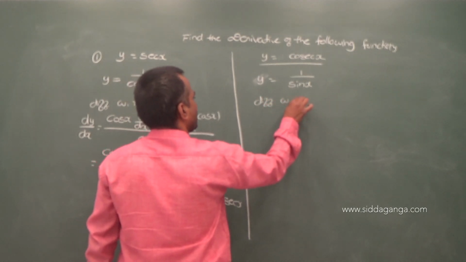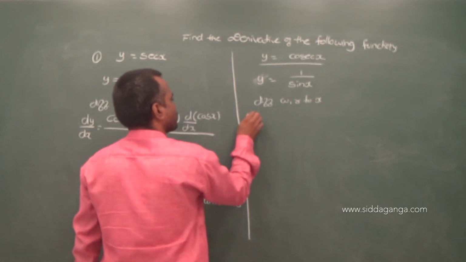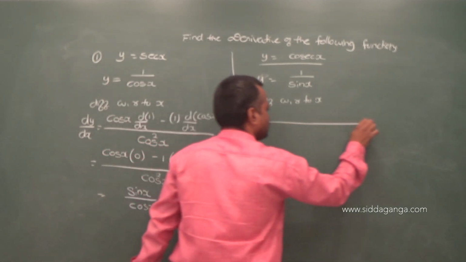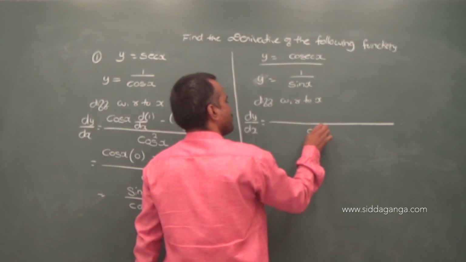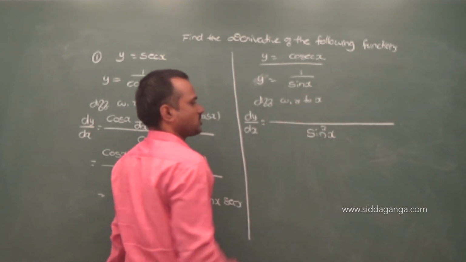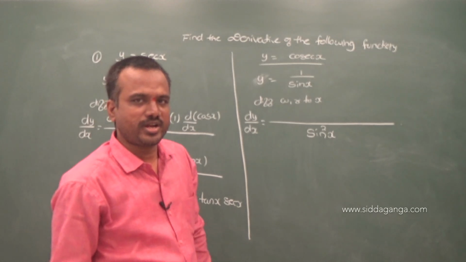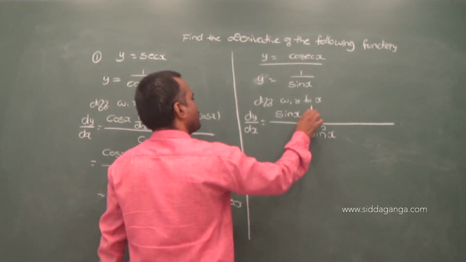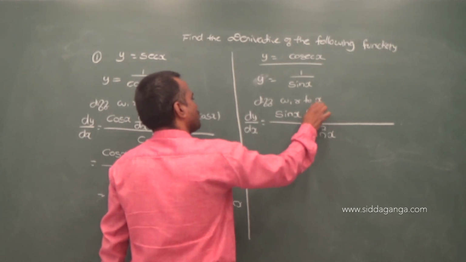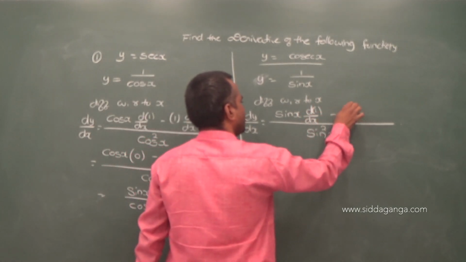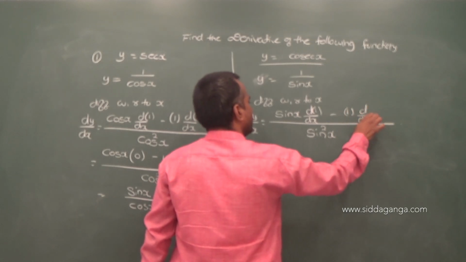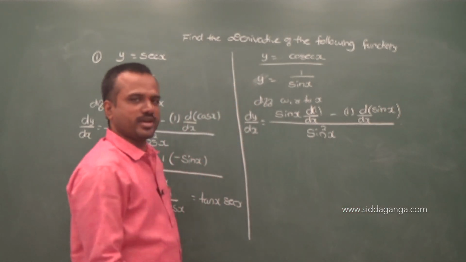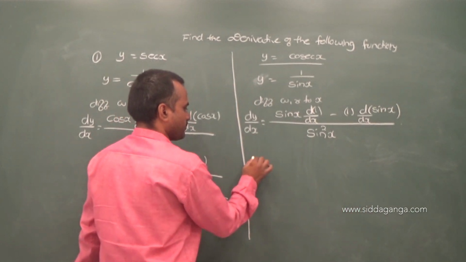Differentiate with respect to x. dy by dx is, denominator square, sin square x, then sin x into d by dx of 1, minus 1 into d by dx of sin x.